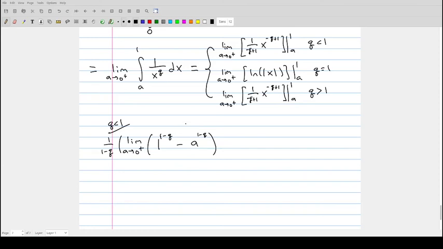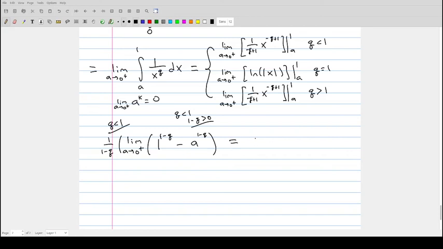If q is less than 1, then 1 minus q is going to be positive, which means that this limit right here is the same thing as the limit as a goes to 0 from the positive side of a to a positive power, which is just 0.